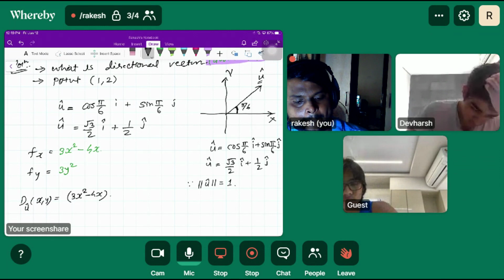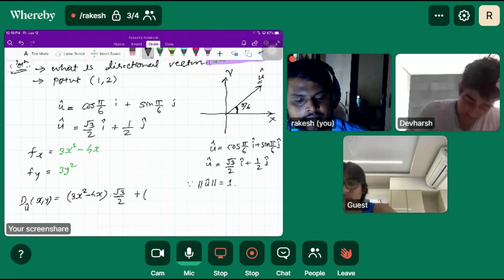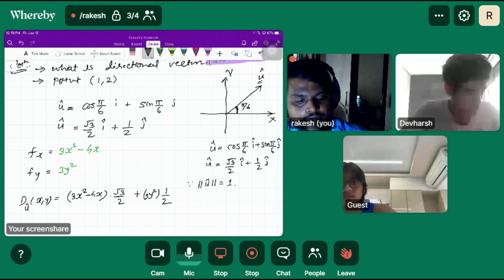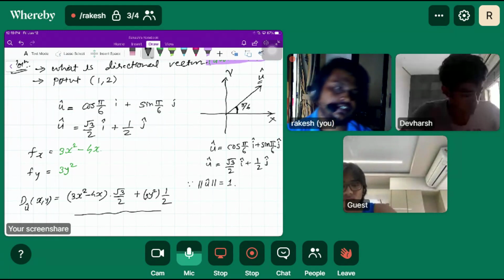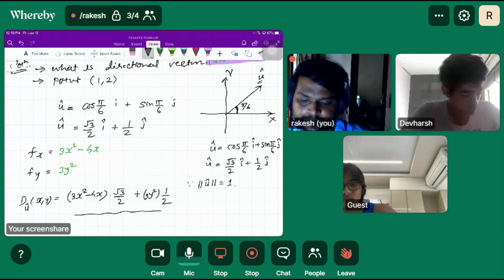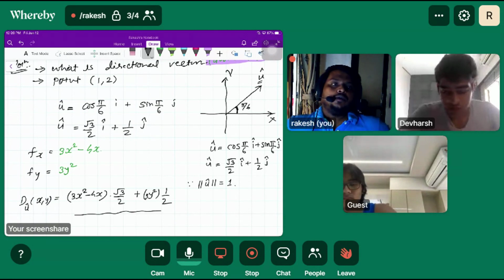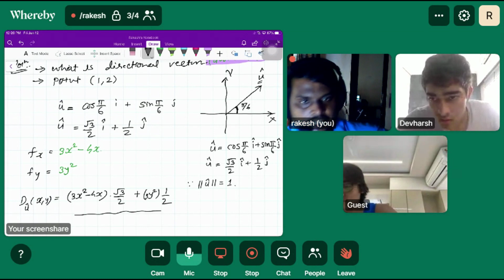It is root 3 by 2, plus fy, 3y square, times 1 by 2. What is this basically? The answer? No, this is not the answer.